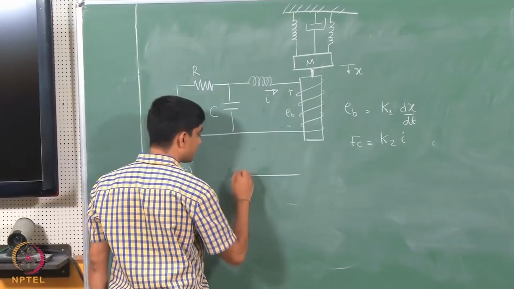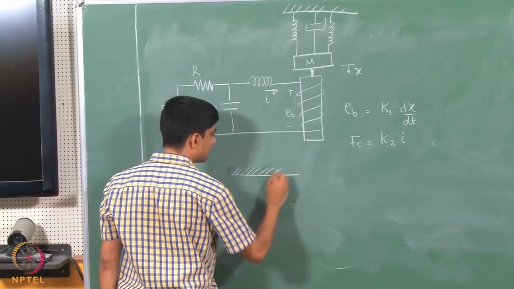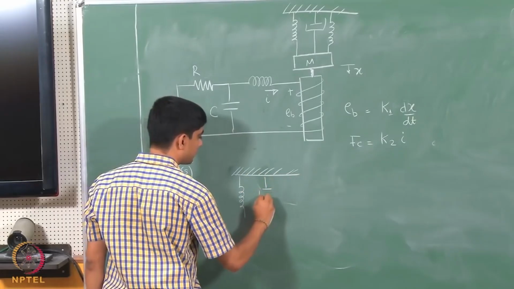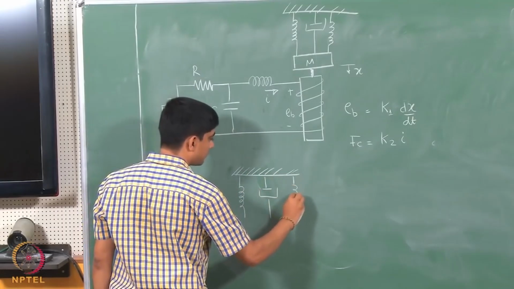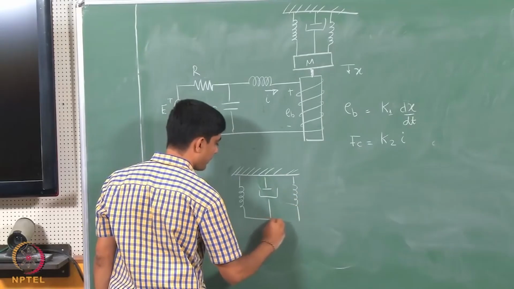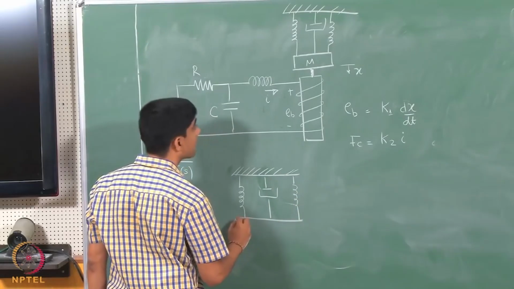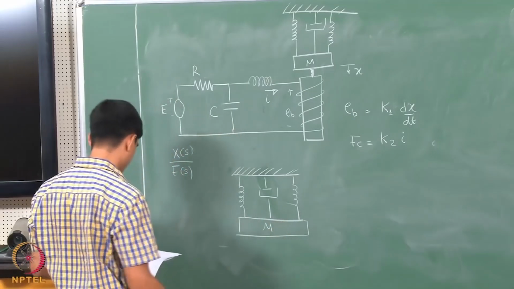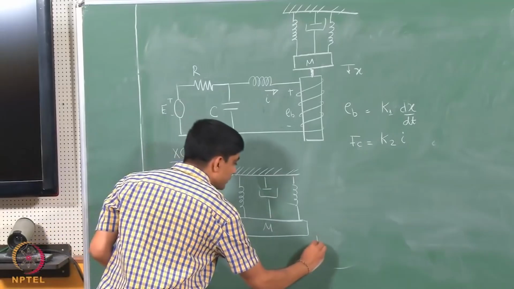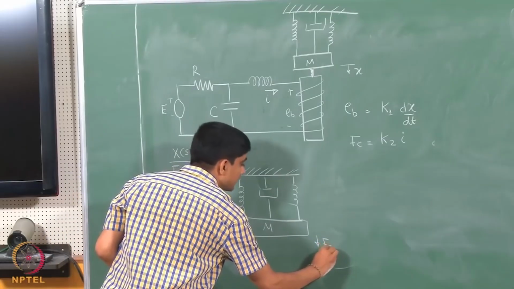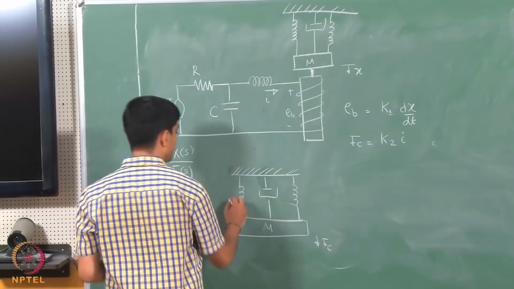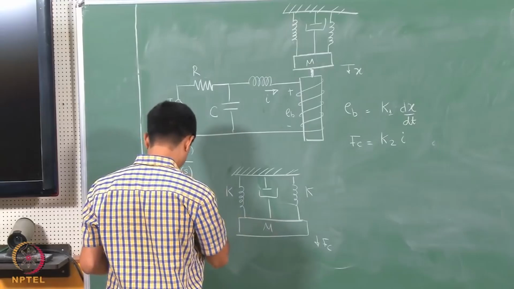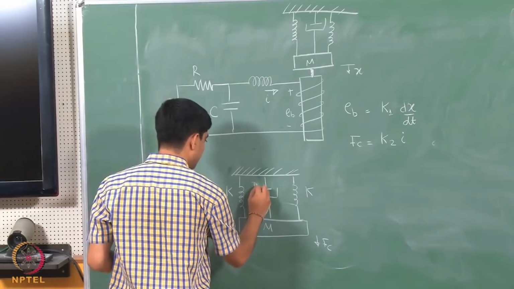Okay. So, the mechanical component for M here, which possibly experiences a force in this direction like this. So, there is a K here, there is a K here, and there is a D here, right.